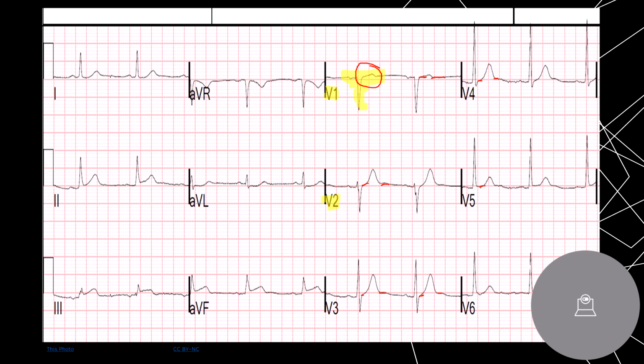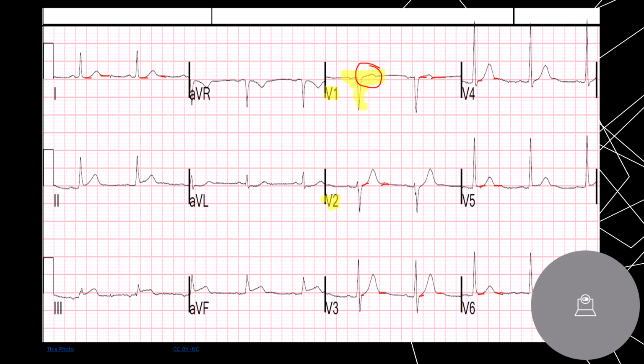I have pretty much a rule of thumb here, guys. If you have to bust out your magnifying glass, you're wasting your time. These are good machines, but they're not that precise. Boom, boom, maybe a little depression. Yeah, lead 1, AVL, I think AVL is starting to get that shape.